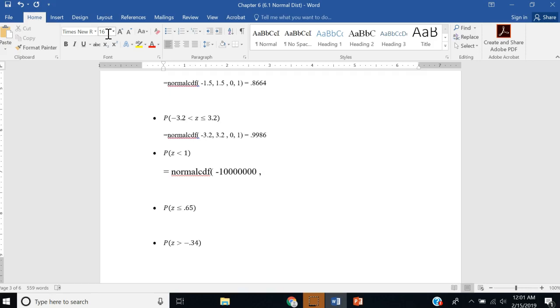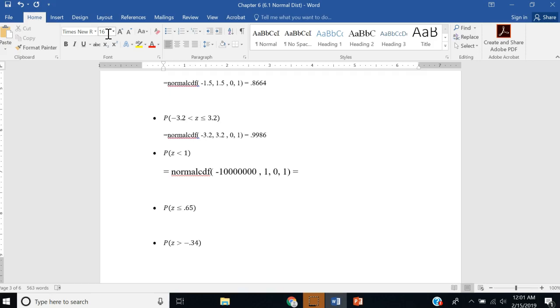And then my upper bound is 1, and since I'm on the standard normal curve, my average is 0, my standard deviation is 1 again. So if the lower bound is negative infinity, we just approximate that by a negative really big number.